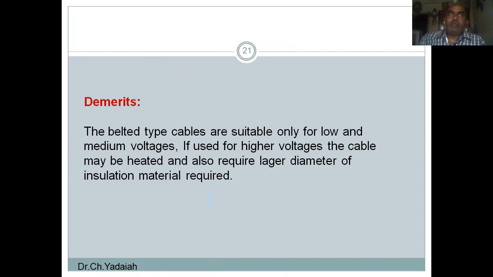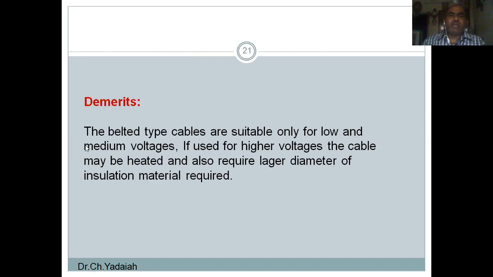Whenever current passes, the stress develops and radiates in a radial way. If the stress is along the axial direction instead of radial, then the cable may fail at any time if temperature or voltage increases. For that purpose, we have to consider the dielectric strength as well as the insulation resistance of the material used in cables.